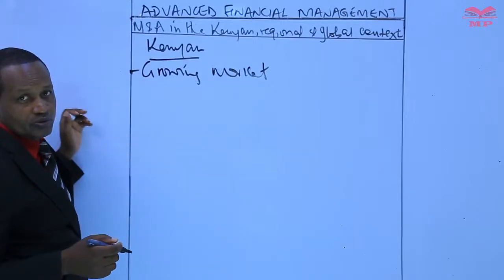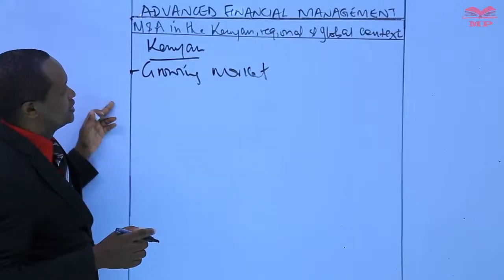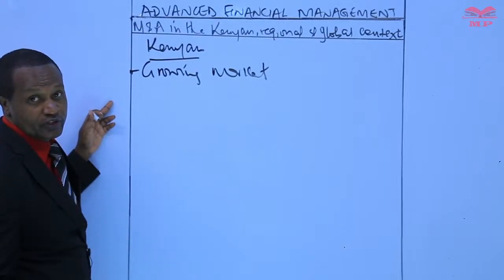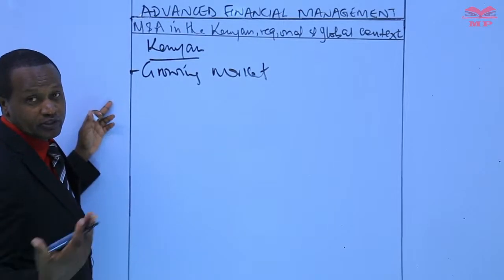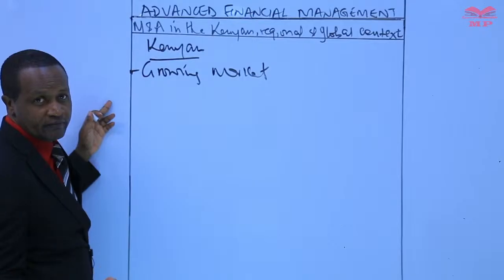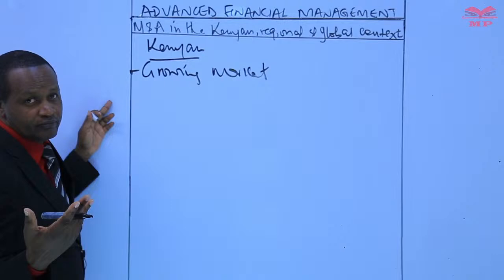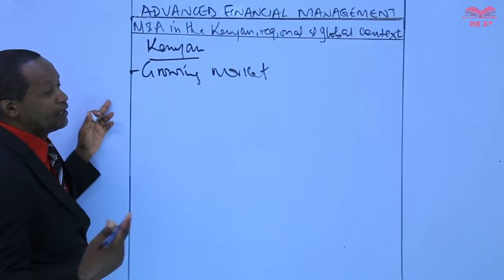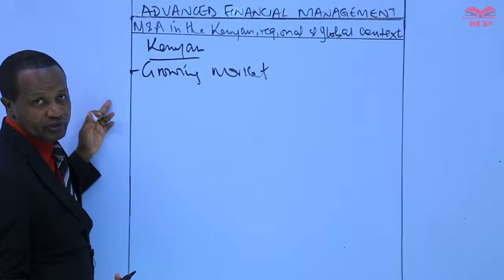Now, in trying to understand mergers and acquisitions in the Kenyan context, you may also need to look at the regulatory framework. For example, we have the Competition Authority of Kenya, which plays a crucial role in ensuring fair competition. We also have other regulatory bodies such as the Capital Markets Authority and the Central Bank.